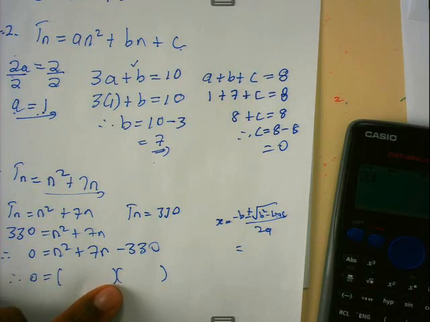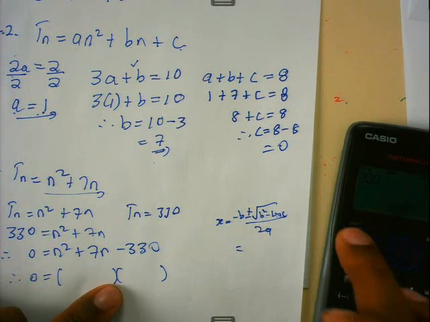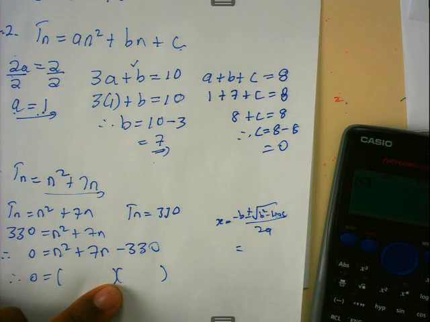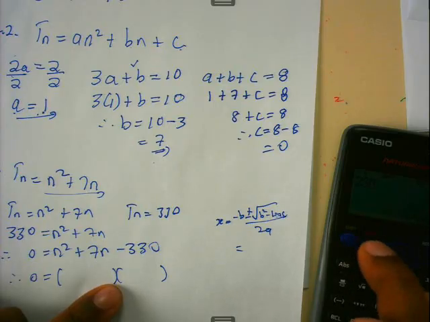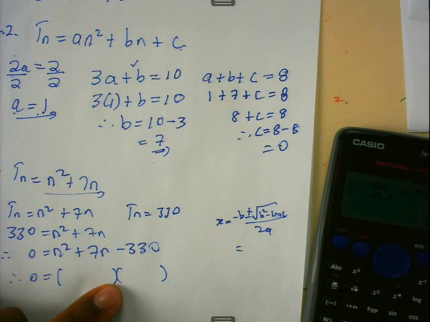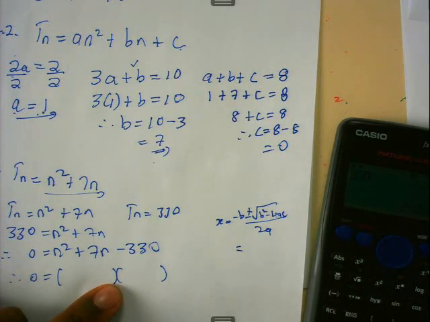Of course, 330, let me take it this way. Let me take 330, then shift, then we have factors. Okay, 330, then shift fact.